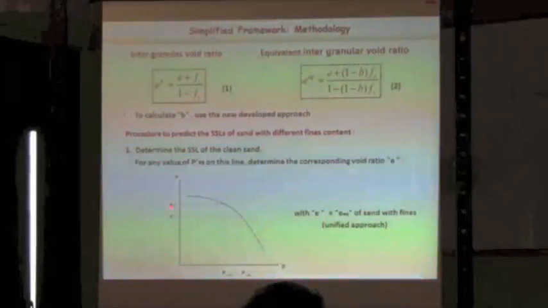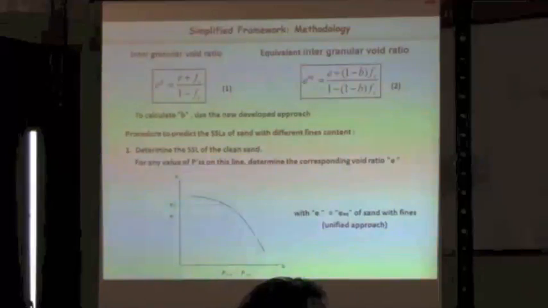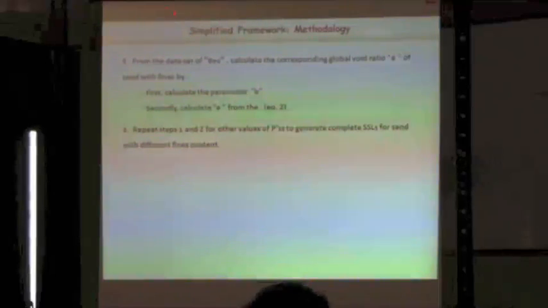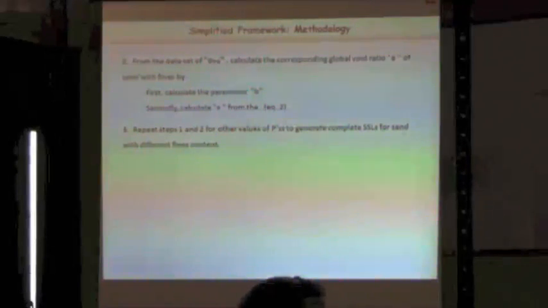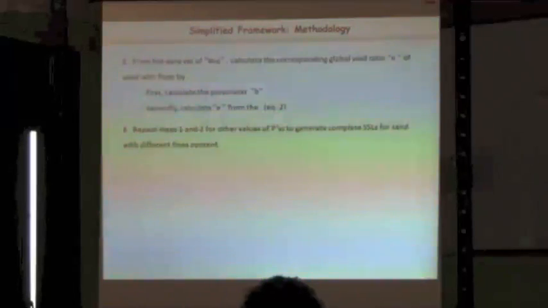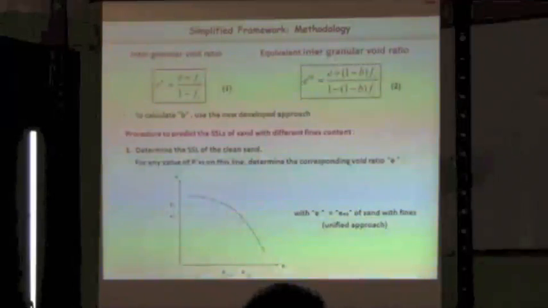Here, the void ratio is equal to the equivalent void ratio if we base on the initial approach presented. So, from the data set of the equivalent void ratio, we calculate the corresponding global void ratio e of sand with fines by first calculating the parameter B as presented previously, and secondly by calculating the void ratio e from equation 2.